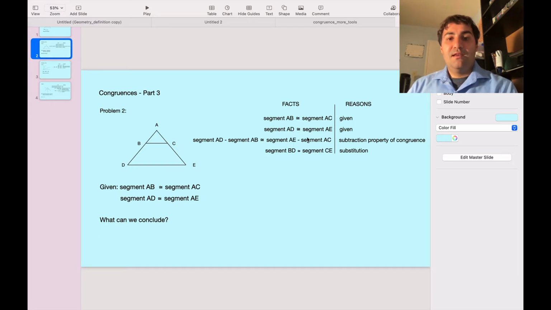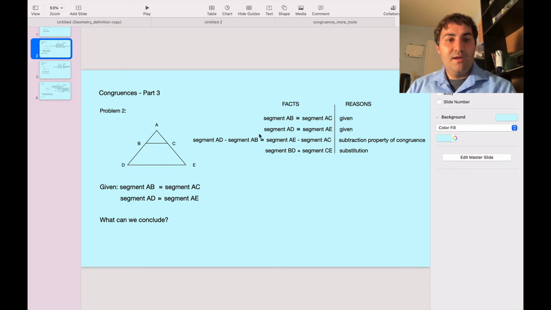So on this side, we get segment AE minus segment AC, and this is the subtraction property of congruence. So what is segment AD minus segment AB? Well, if we subtract this section here from the whole segment, we're left with segment BD.